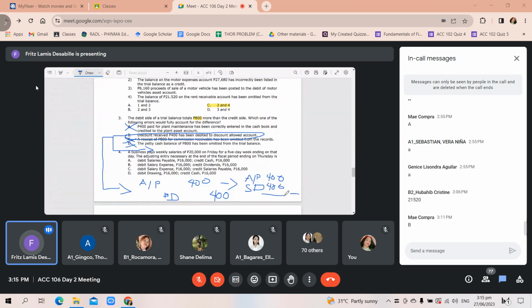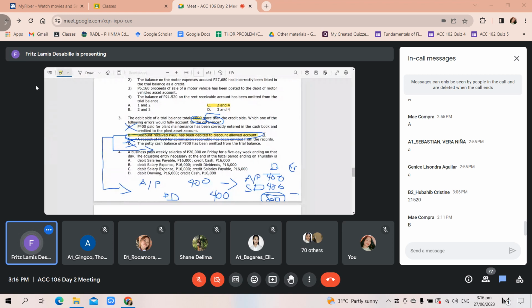So effectively there is a difference of 800 pesos and it would make our debit higher than credit. So debit side is more than the credit side, 800. So that's letter B. So B is the correct answer.